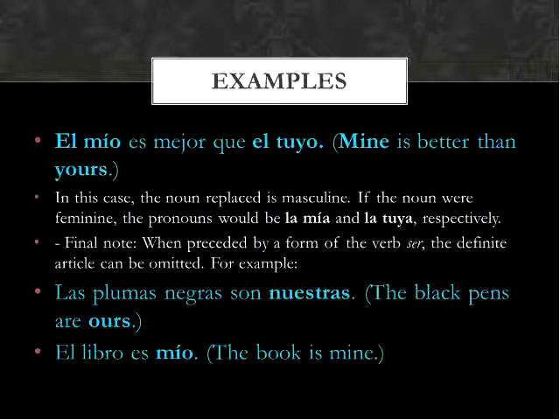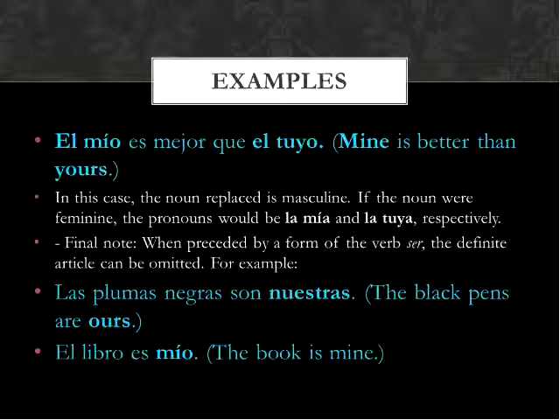When preceded by a form of the verb ser, the definite article can be omitted. Okay, so you can take it out. So, for example, we have las plumas negras son nuestras. Okay, so you would need to say son las nuestras. Okay, and that's only when you have the form of ser right before. El libro es mío.